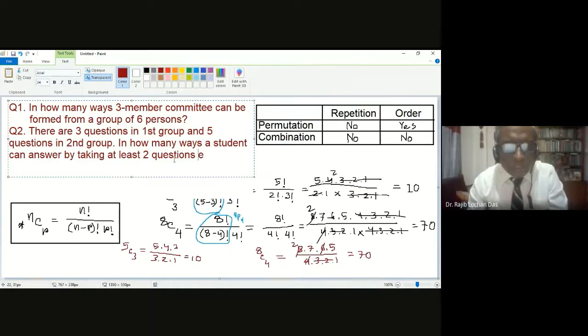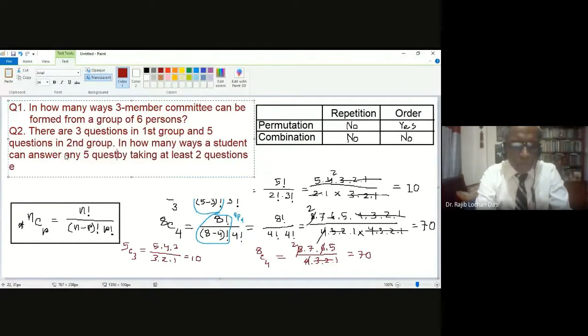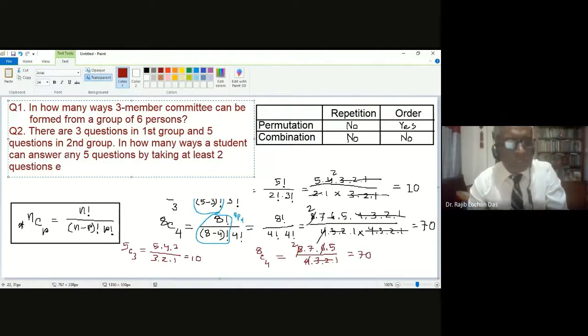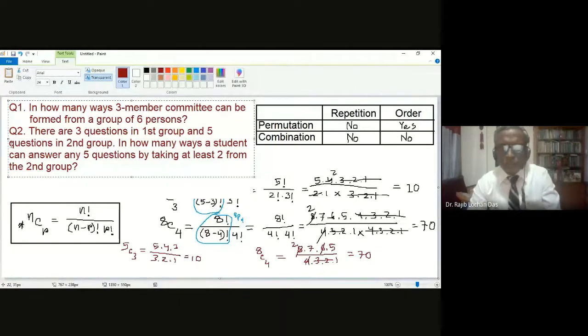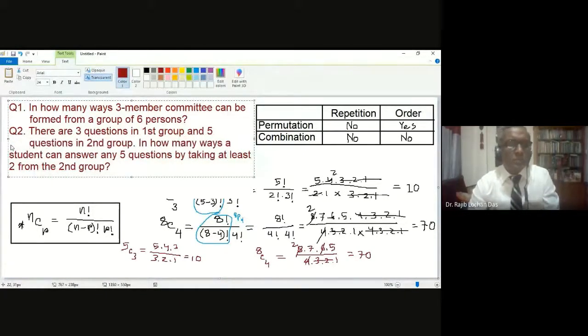Okay, a student can answer 3, 5, 8. So I'm writing 5. Any 5 questions by taking at least 2 from the second group. So this is question number 2.